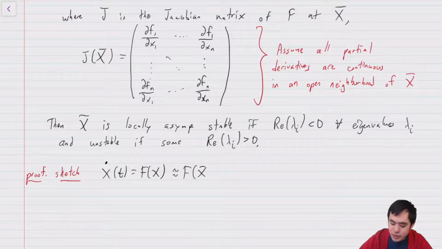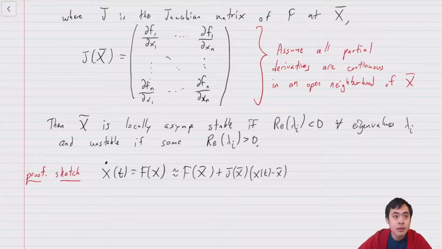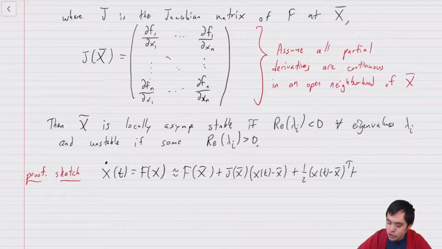So f of x bar plus the Jacobian matrix at x bar times x of t minus x bar, plus 1/2 of x of t minus x bar transpose times the Hessian matrix at x bar times x of t minus x bar, plus dot dot dot.